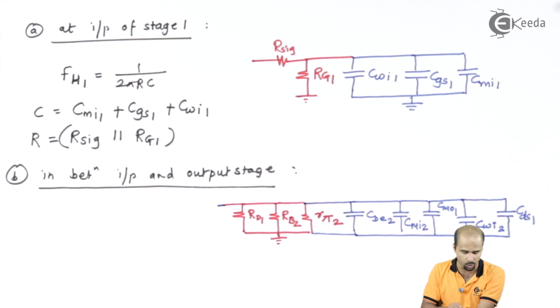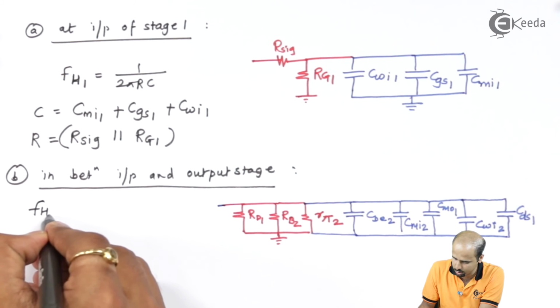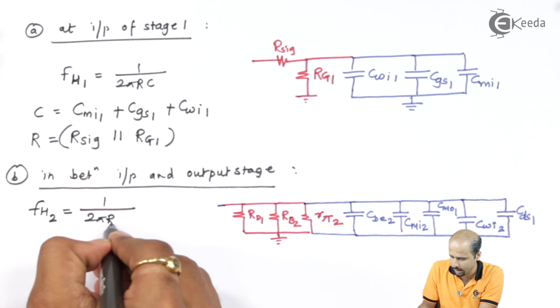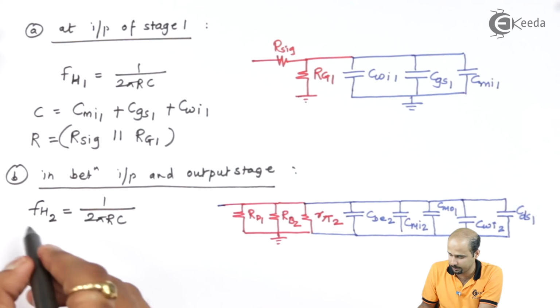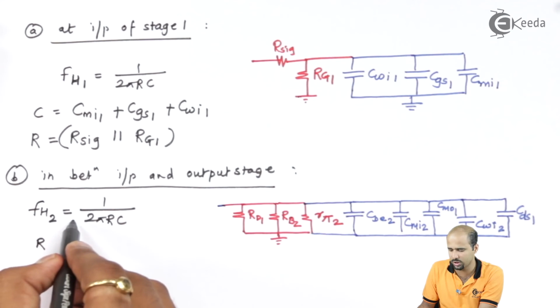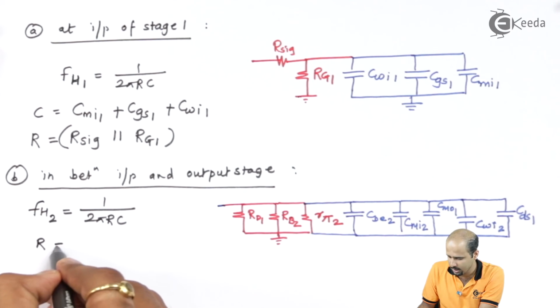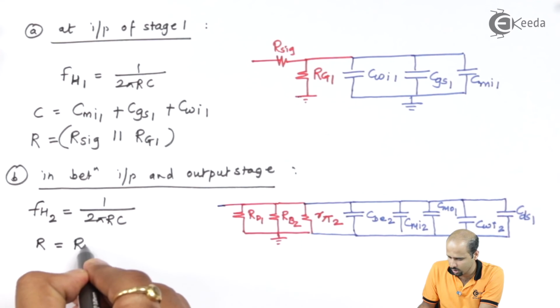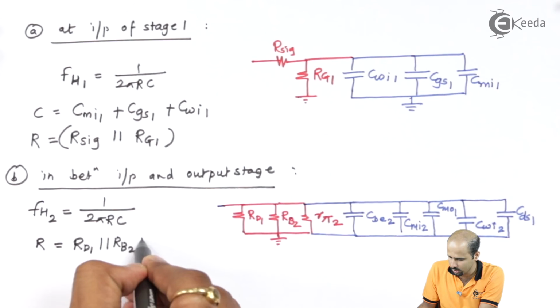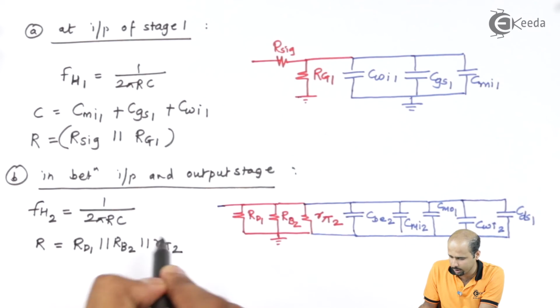resistances. So this forms a simple RC network where we'll be getting FH2 is equal to 1 upon 2 pi RC, where R is equal to RD1 in parallel with RB2 in parallel with R pi 2.